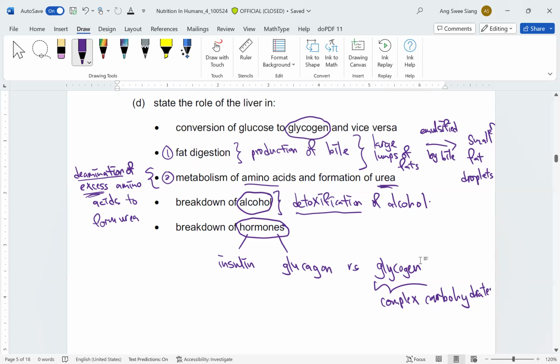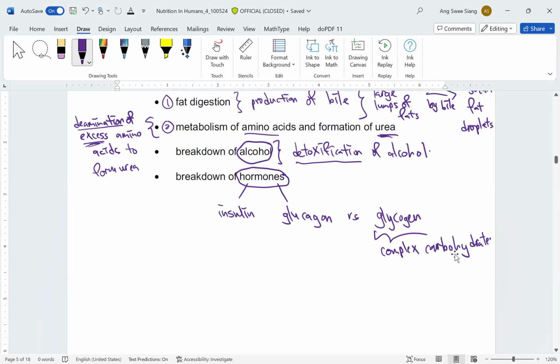Since I'm talking about this, there are very important concepts that I want you all to remember. Usually in your syllabus, you need to remember hormones have a normal level, and you need to make reference to the normal level.